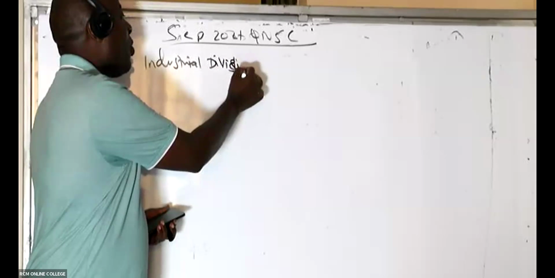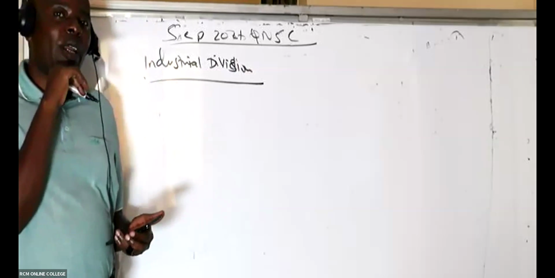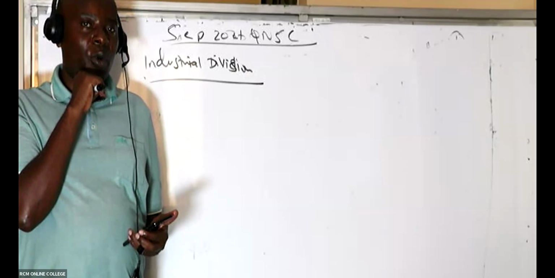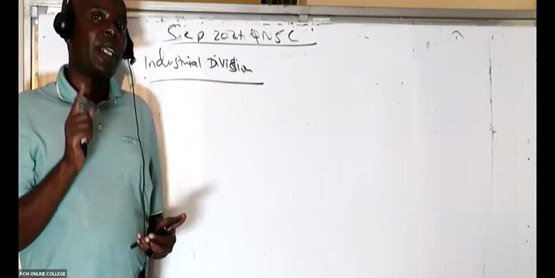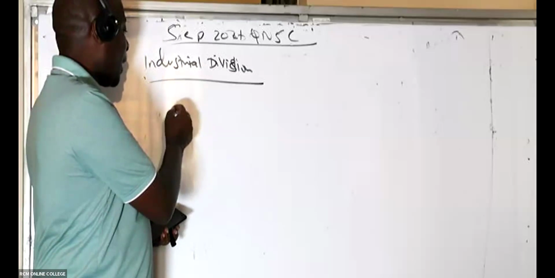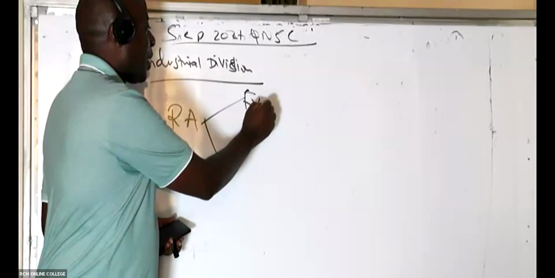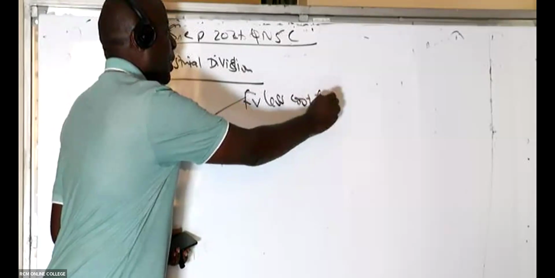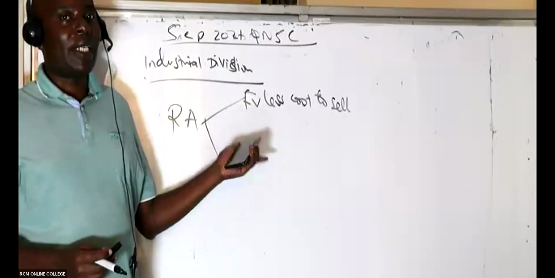For the industrial division, if I'm the one doing this question, I'll get all the marks even without knowing what is required of me. Because the tricky bit in this question is to get the recoverable amount. To get the recoverable amount, I need two things. Recoverable amount is the higher of fair value less cost to sell, which has not been given, you can't get it.